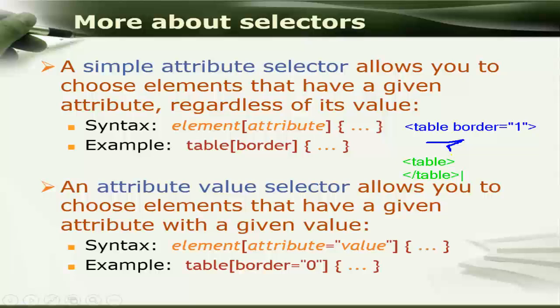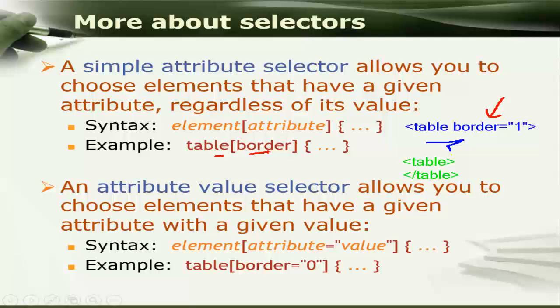Now, if you want to apply a style to all those tables which have a property called border specified, for example here border is not specified, only those tables which have the border, maybe you want to just change the color of a border or something of that type. In that case, you can say that the table that has a property border, select this style, and it has to be applied to only those tables that have a border along with it.